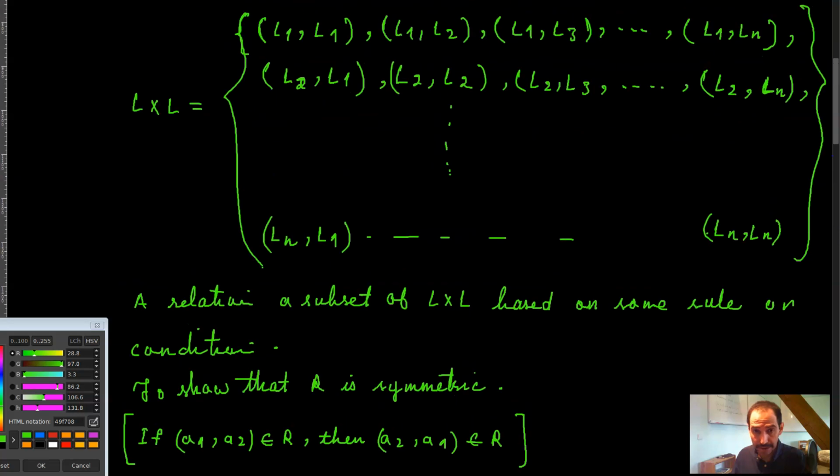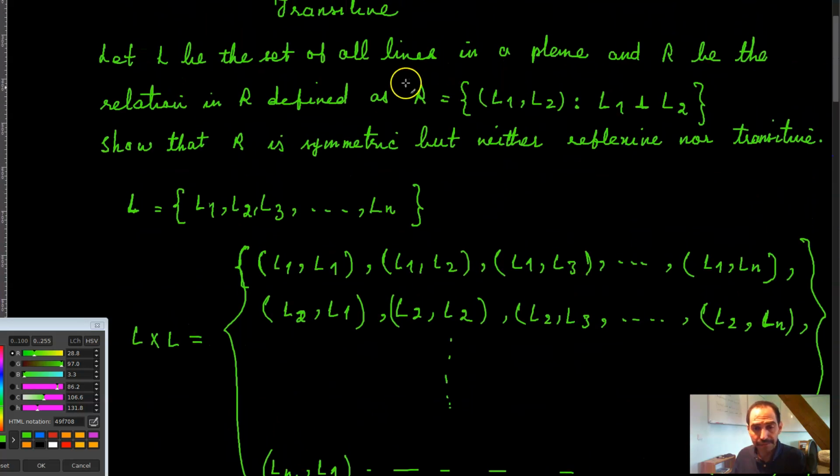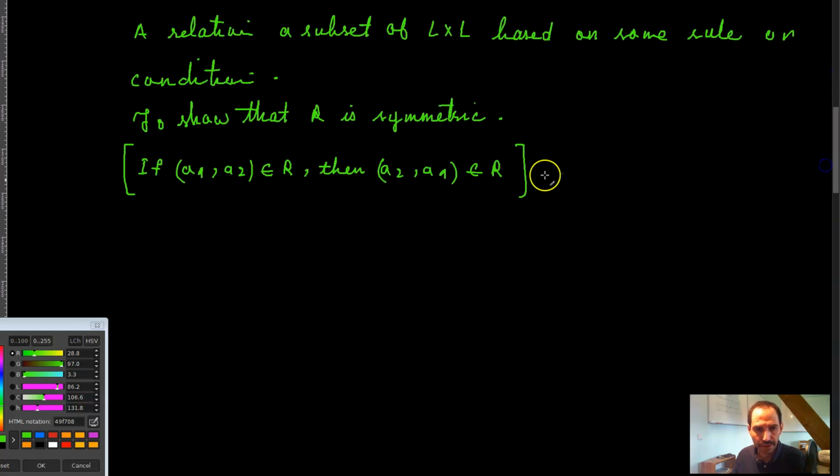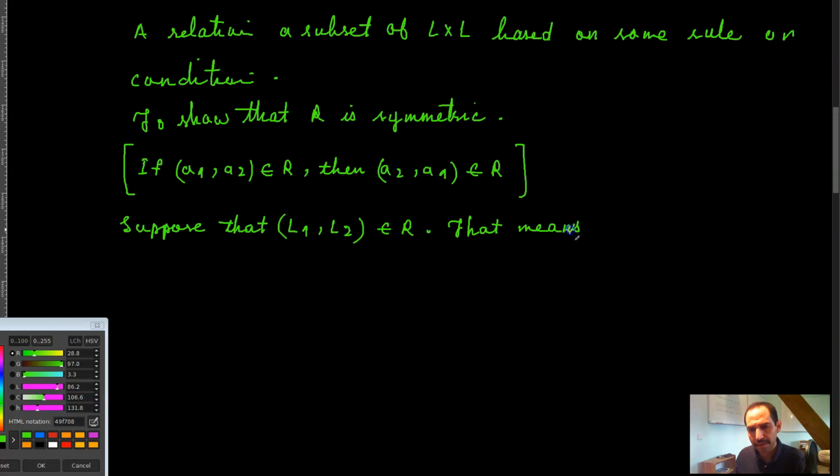Now in this context, R is all the ordered pairs (L1, L2) such that L1 is perpendicular to L2, right? Let's suppose that (L1, L2) belongs to R. That means that L1 is perpendicular to L2.